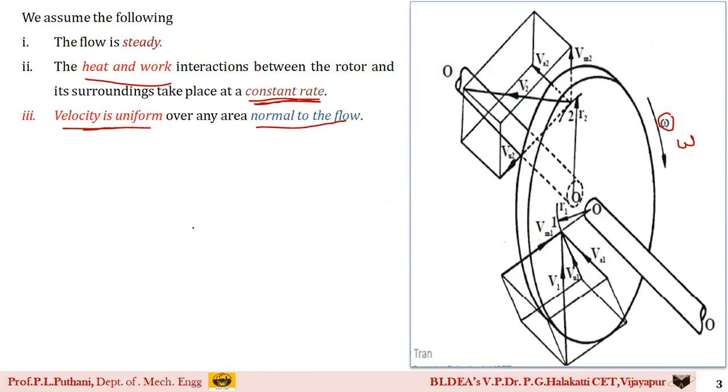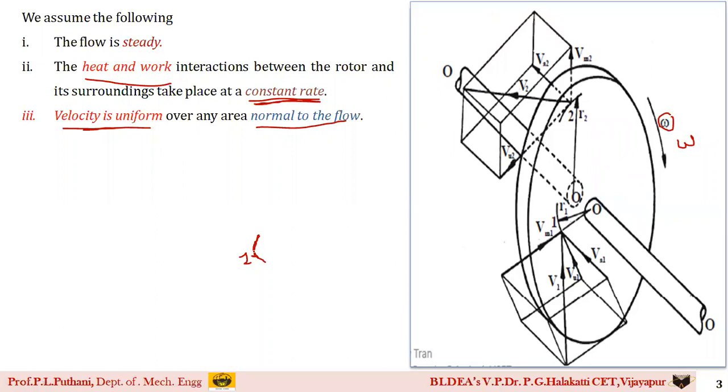Now, when we begin the analysis of this particular rotor, I will show you how it is done. Suppose this is my point number one, the point where the fluid enters.